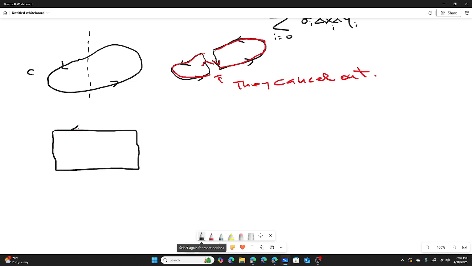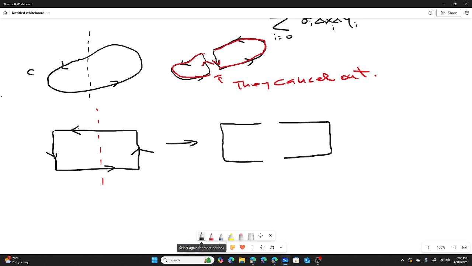And imagine it's counterclockwise. Imagine we have a cut. And as a result, we form two curves. So it's still gonna be here.